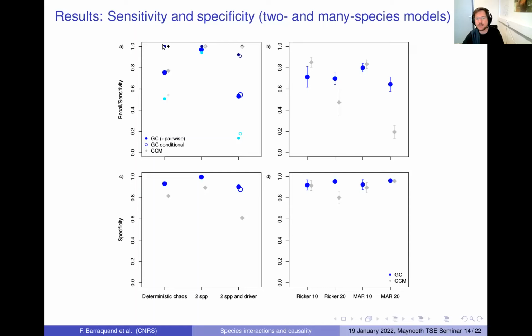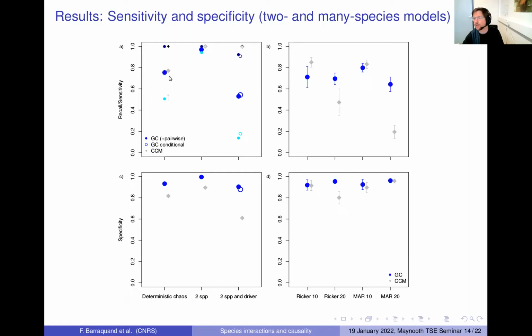For deterministic chaos, in blue, you have the result for Granger causality, and in black and gray, the result for convergent cross-mapping. When it's dark, it's the strong interaction, and when it's light, it's the weak interaction. As you can see, you find almost all of the strong interaction and about 50% of the weak interaction, both for Granger causality and for convergent cross-mapping.